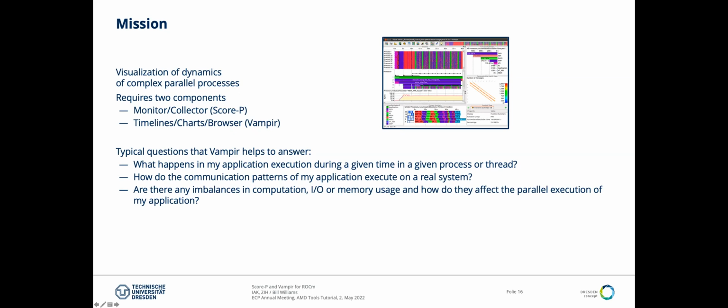And Vampir is good for answering some of the more detailed performance engineering questions that are out there, like what actually happened in execution at a particular time on a particular processor thread. What do my communication patterns look like? Are there imbalances? How do they affect parallel execution? Do these imbalances change over time?